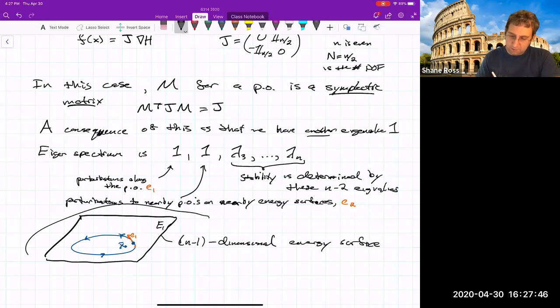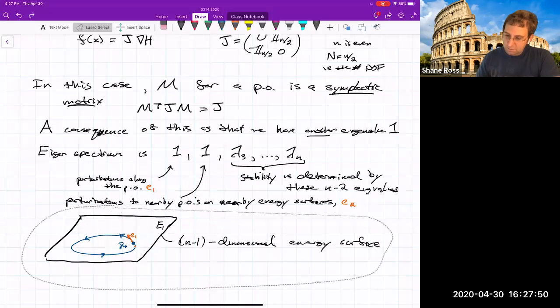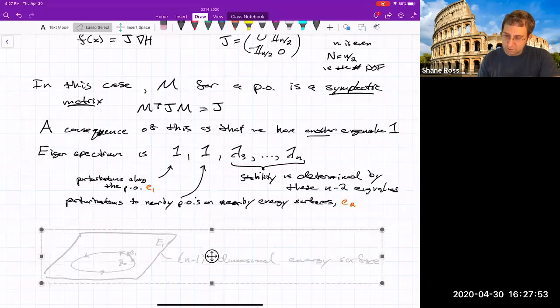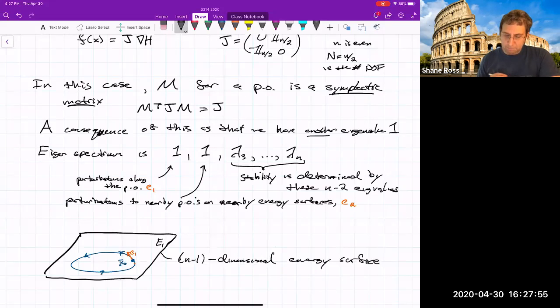I'm going to have to move this down because I want to draw more. There are also other nearby energy surfaces. Here's E2. Let's say E2 is like E1 plus some small change in energy.